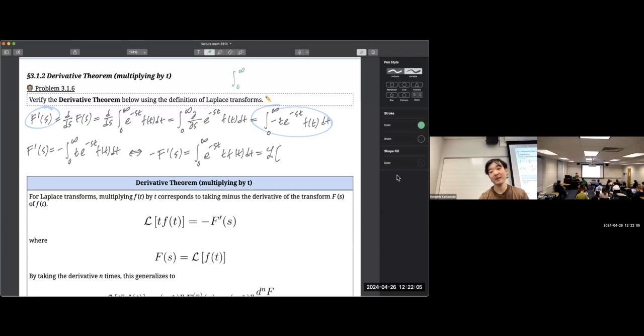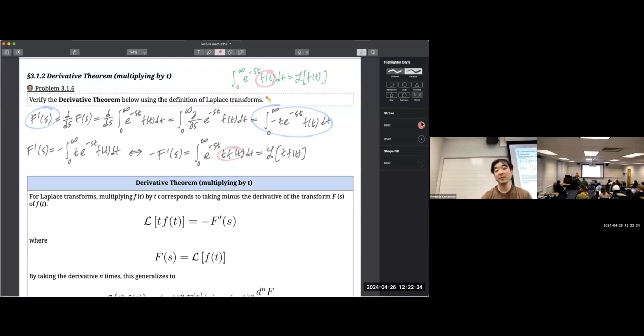Yeah, it's the Laplace transform of t f of t. The Laplace transform of f of t is the integral of e to the negative st times f of t dt. So all you're doing is making an observation that this right here is this right here. So this integral is the same as the Laplace transform of t f of t.